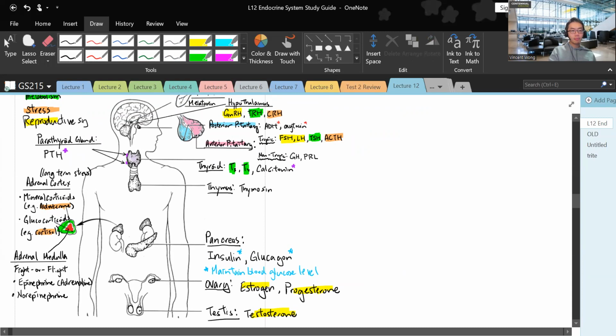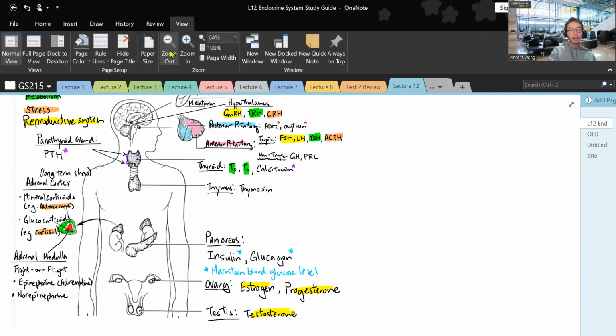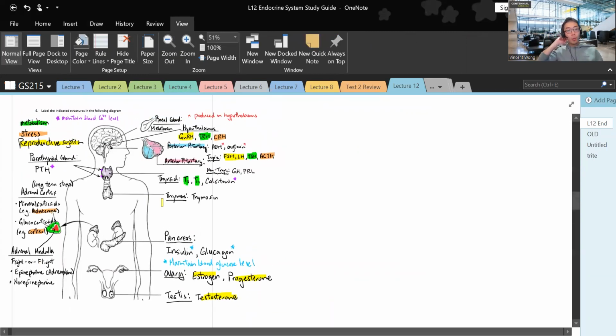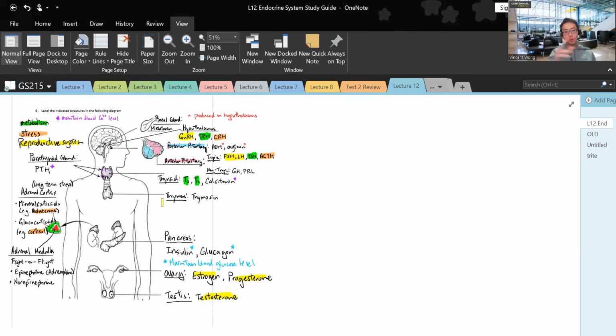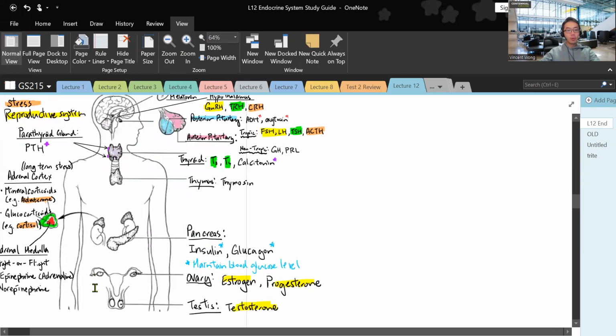So there you have it. It's a really important diagram in the sense that it tells you where things come from, where they're released from, and sort of some of the simple relationships between the various hormones.